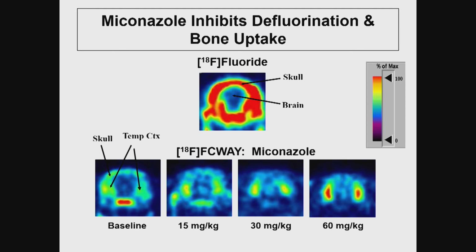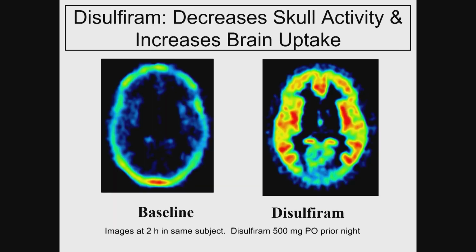We wanted to see if we could do this in human subjects, but we couldn't give miconazole intravenously. Instead, we used disulfiram, which is known as Antabuse. Disulfiram, I think, is the most potent inhibitor of CYP2E1. It inhibits many different enzymes, and it is used clinically to maintain sobriety, far more frequently in Europe than in the United States.